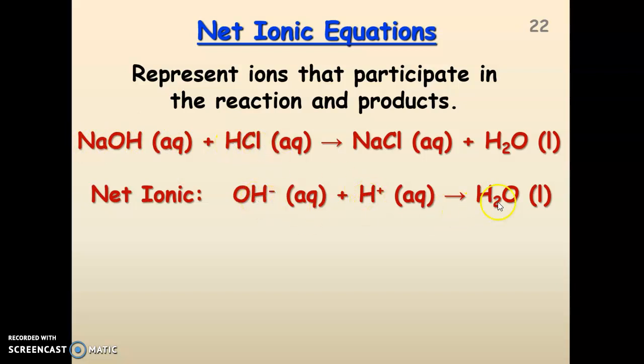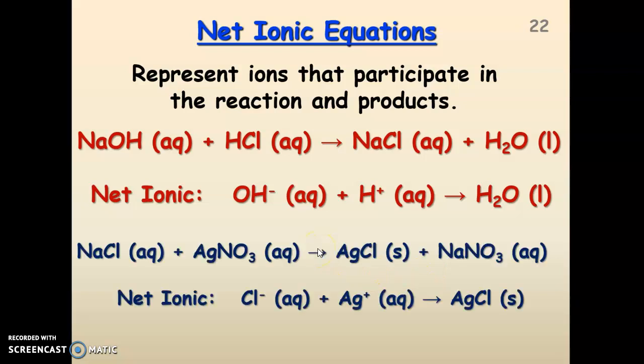The ones that react to form the new product are the hydroxide and the hydrogen ions. So that's why we show the hydroxide and the hydrogen ion, and it makes water as a product. The sodium ions were in the solution before the reaction and after the reaction. Same thing for the chloride ions. So nothing has changed for that. So that's why we don't include it in the net ionic equation.